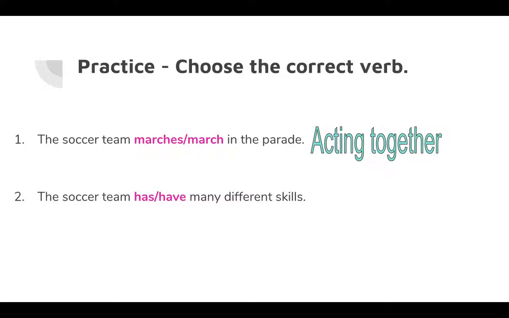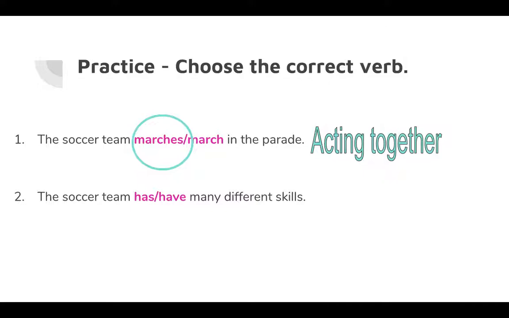If they're acting together, in order to figure out which verb I use, I'm going to use a singular pronoun. I'm going to take out soccer team and replace it with the word he. He marches in the parade, or he march in the parade. The one that sounds the truest to my ear is marches, because in this case, the soccer team was singular. So the soccer team marches in the parade.